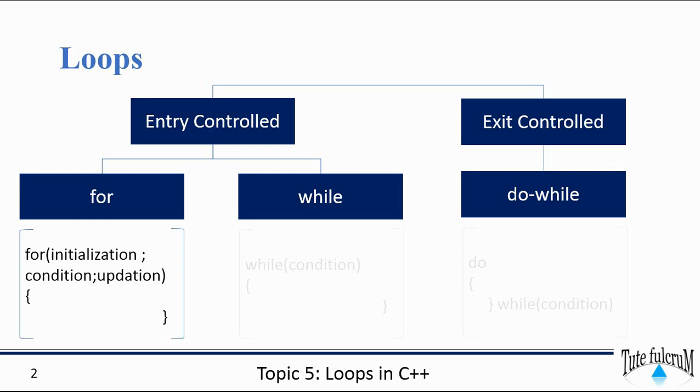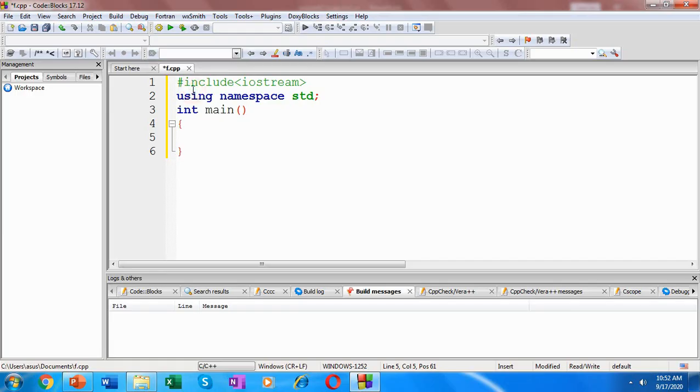Let's write a program and understand how we have to use for loop in C++ programming. Let's take the same example I mentioned before, that is printing a statement hello world 5 times. To begin with, we need a looping variable and we need to initialize it.